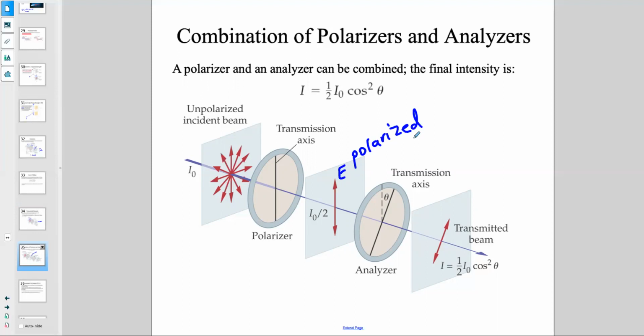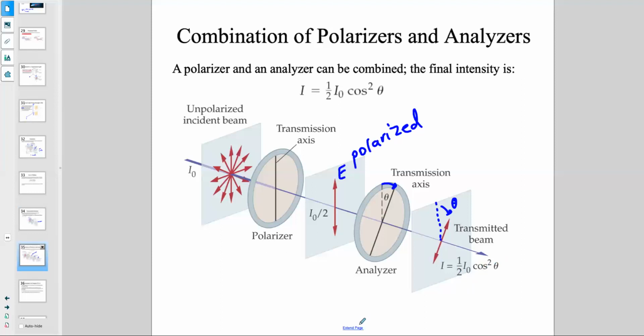The analyzer will get the polarized field and rotate it towards the direction that I want, so rotate it to the angle of theta. So this is now rotated with an angle of theta, right? And now I have the initial value, which is I over 2, right here, times cosine squared of theta.